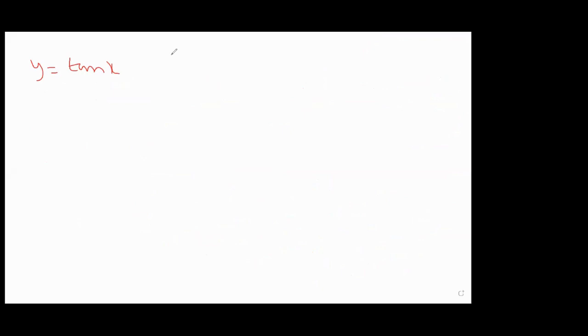But tan x is the same thing as sin x all over cos x. Elementary mathematics, even from our secondary school. So now we have y equal to sin x all over cos x.